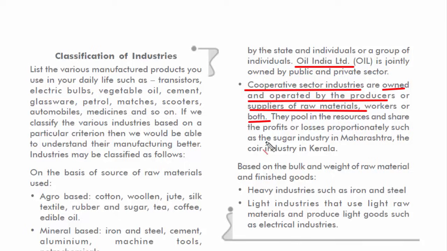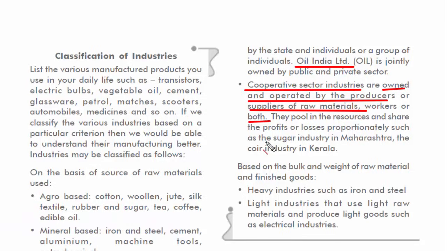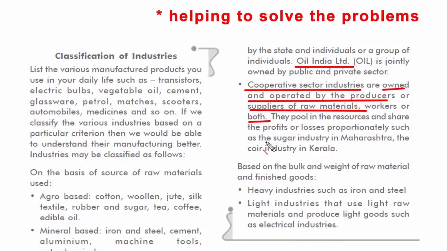You will go and talk to a consultancy which provides manpower for cleaning purposes. The agency that provides manpower for the cleaning service gets into some kind of business agreement with you. Here two businesses are getting into agreement, and that is the meaning of cooperative sector, wherein two parties are cooperating with each other and helping with the problems.